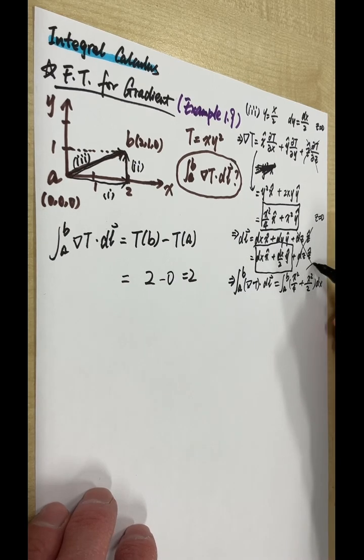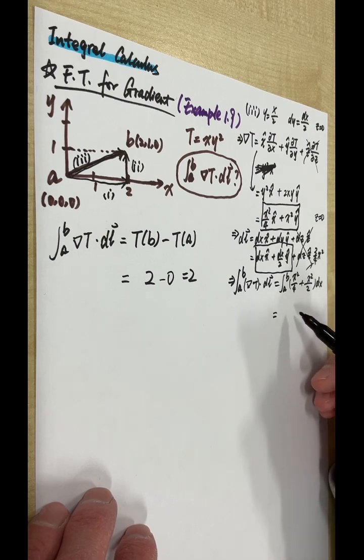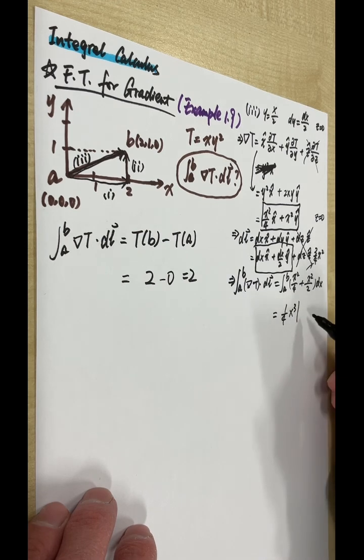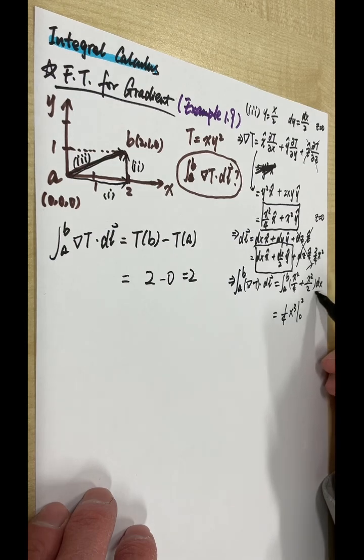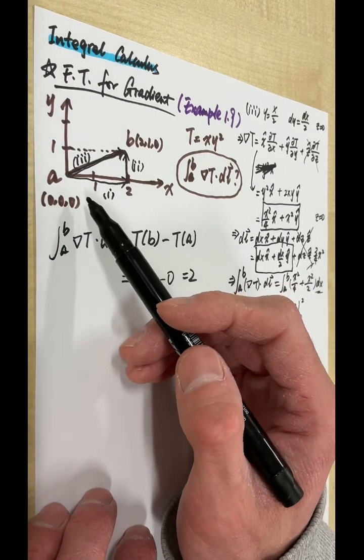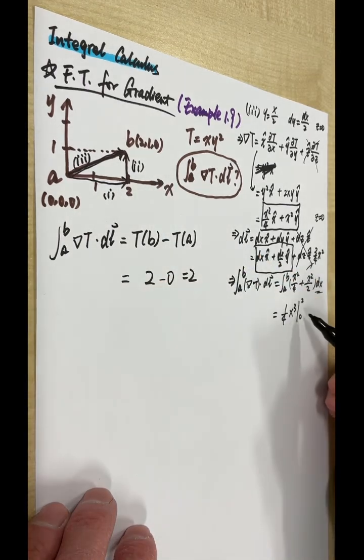These two give us 3/4 x squared. So this integral gives us 1/4 of x cubed from 0 to 2, because from A to B, x goes from 0 to 2.